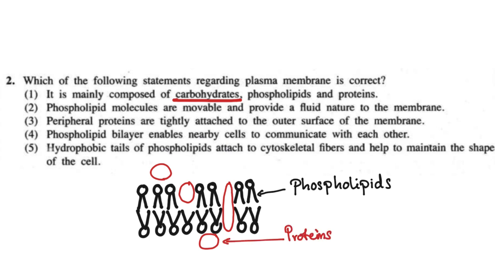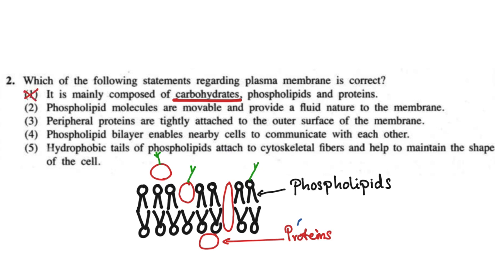Sometimes we find polysaccharides or carbohydrates attached to these phospholipids or protein molecules. So the two major compounds of the plasma membrane are phospholipids and proteins, not carbohydrates. So number 1 is incorrect.